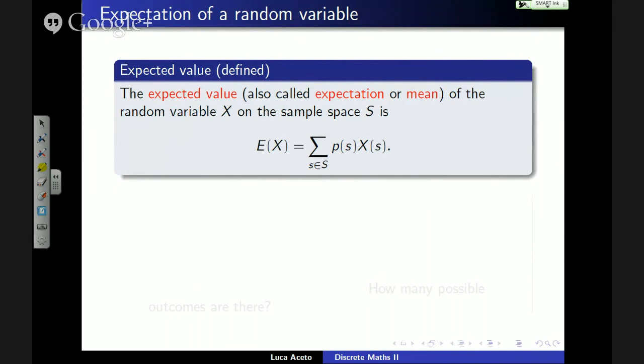Well, that's the formula, and that's the one that we've been using already without giving the formula. You take the weighted sum, weighted by the probability of the actual outcomes: the probability of getting outcome S times the value of the outcome. And you sum it for all the possible outcomes.